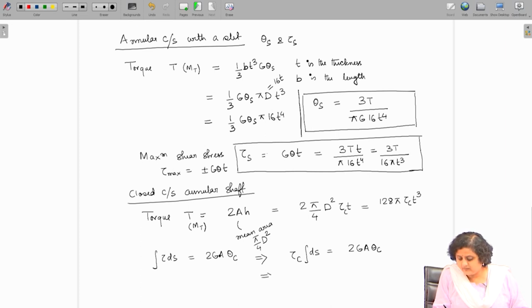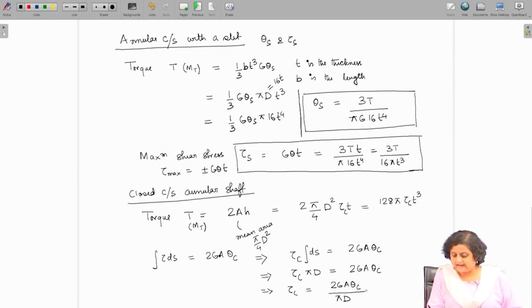Here, the integral of ds is the circumferential length of the cross section, which is pi into d. So, in place of tau c, we can write this as 2GA theta c by pi into d.